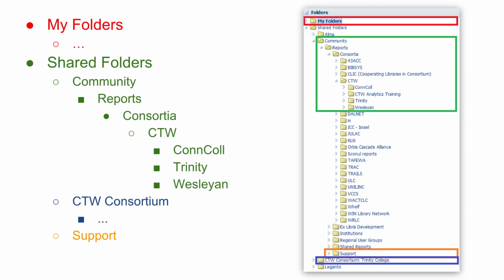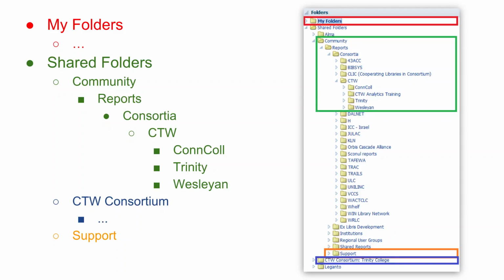So there's three to four main ones to know about. Again, my folders is your private one. The one that's in green is essentially the shared. That's where the CTW shared folders are. That's where it's stored, and that's where we're able to see across the consortium.